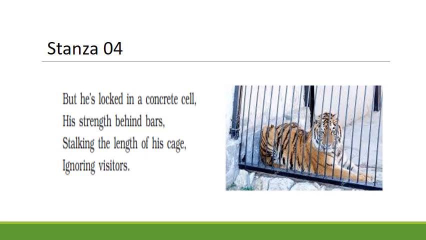Why? Because it is angry, because it is not free and it cannot show its strength at all. So it is annoyed, angry, and it is ignoring the visitors, and that's why it is not even looking at them.